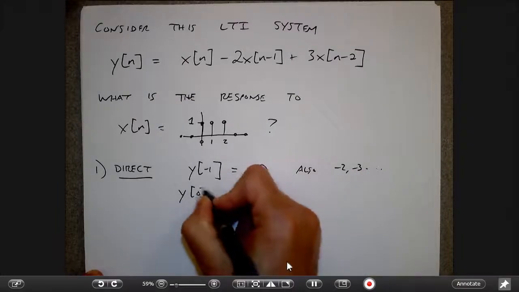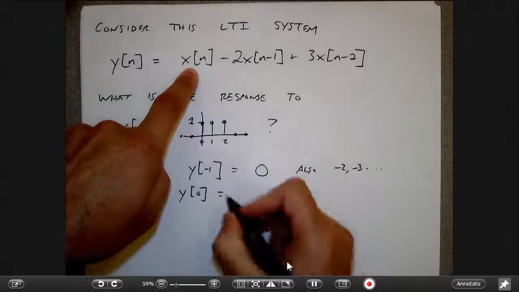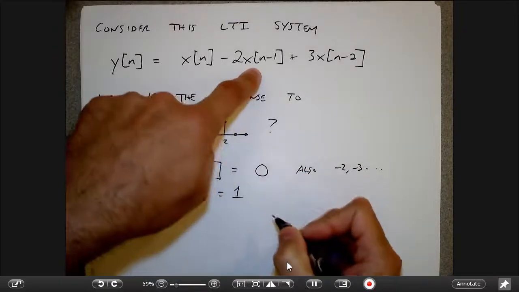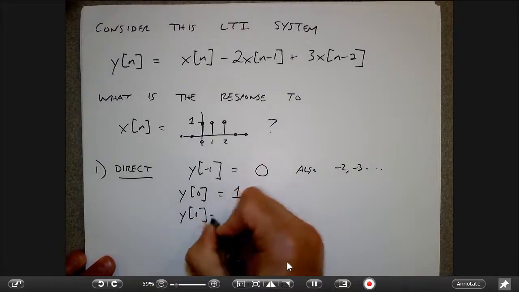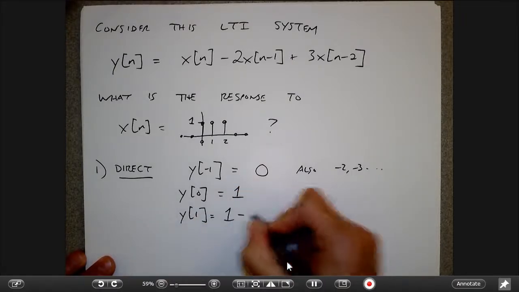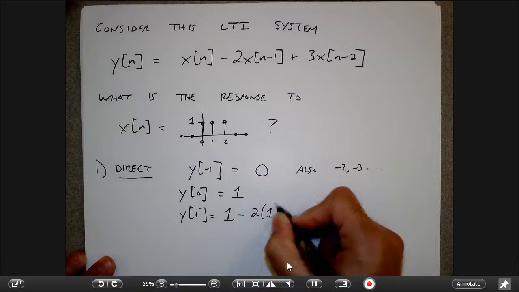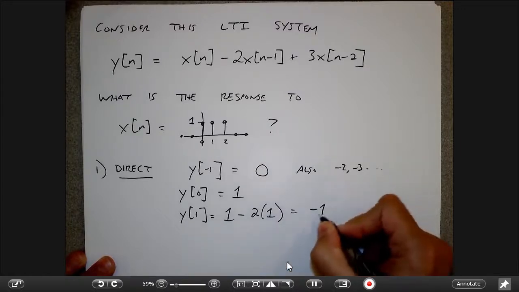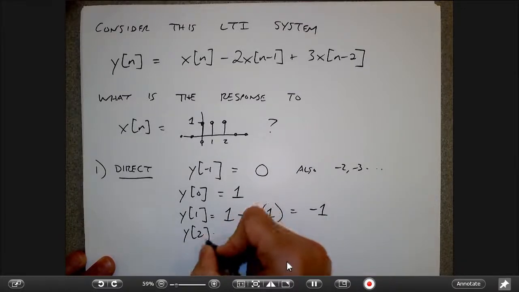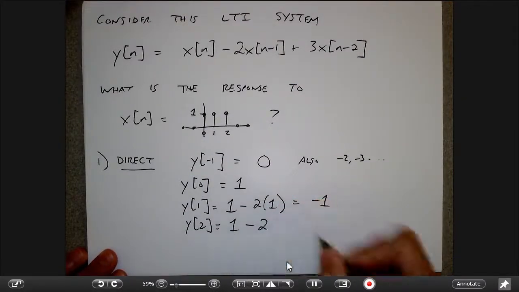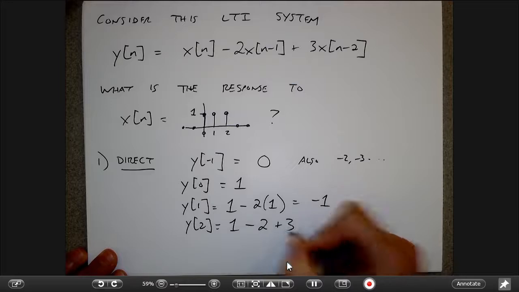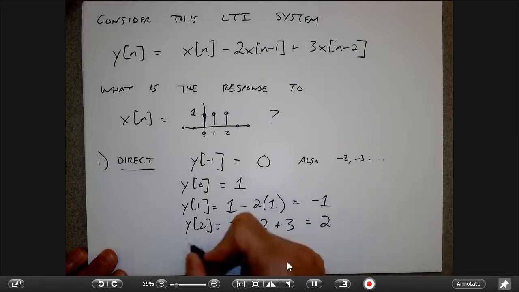Y of 0 was x of 1, and then this is x of -1. I don't need to know this stuff afterwards. Y of 1 would be x of 1 minus 2 times x of 0, which would be -1. Y of 2 would be x of 2 minus 2x of 1 plus 3x of 0, which gives me 2.